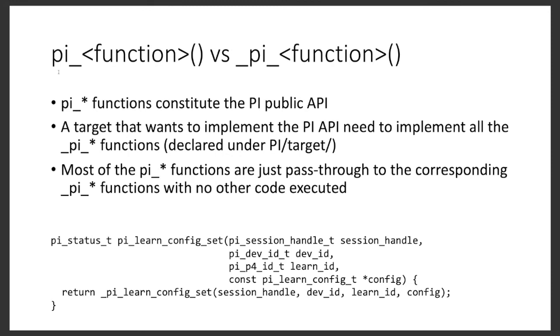So basically the PI_ function would do a dynamic name resolution on the _PI functions. But in the case of BMV2, this is mostly not relevant. And if you look at the code in PI, everything looks pretty much like this, where the only thing done by the public version of the function is call the private version of the function with no transformation whatsoever.